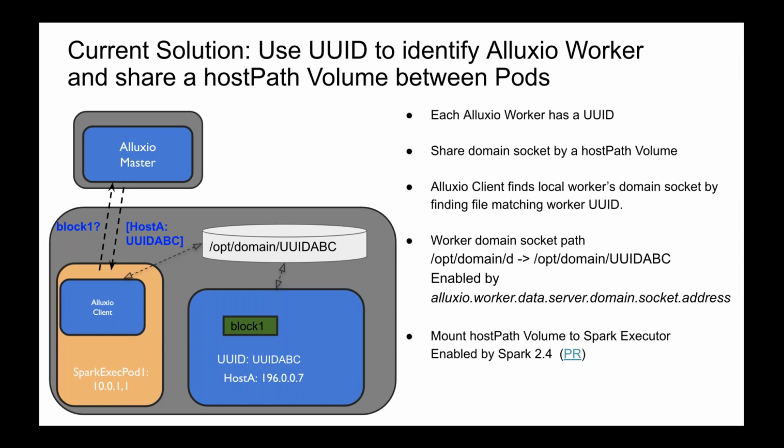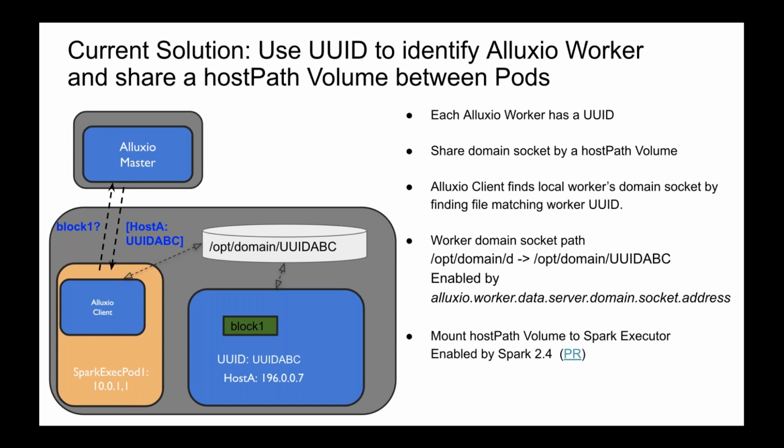So Alluxio client will then go ahead to see, do I have a domain socket file somewhere? I have this mounted to my executor at this /opt/domain/UUID-ABC, and hey, it matches with this advice Alluxio master has given me. So that must mean I have this local Alluxio worker pod.